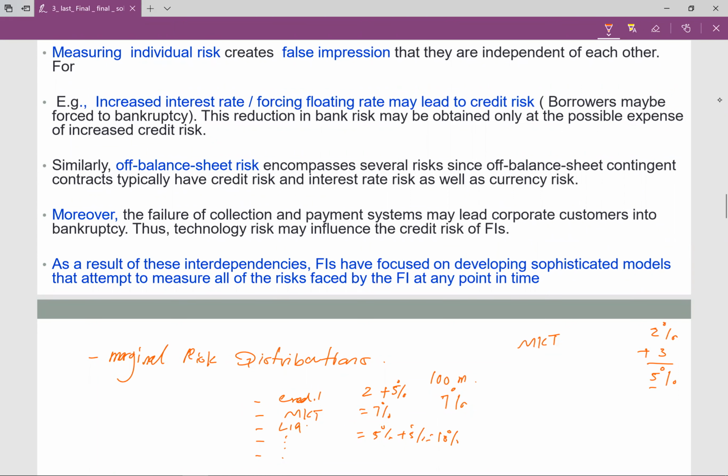So this is a market risk, which is an increase in the interest rate risk. This problem now will become a credit risk. Why? Because my customer's project maybe cannot give 10%, so he will default. If he defaults, he will not pay me the money.